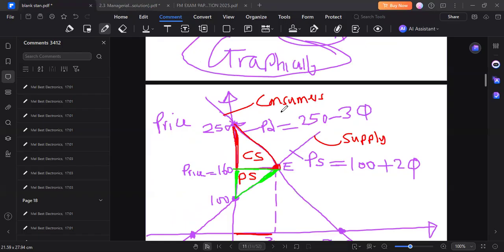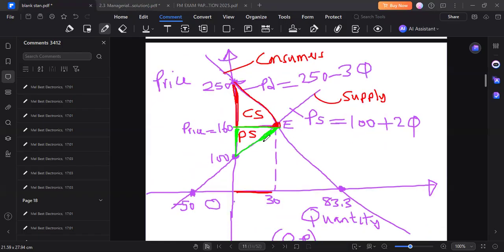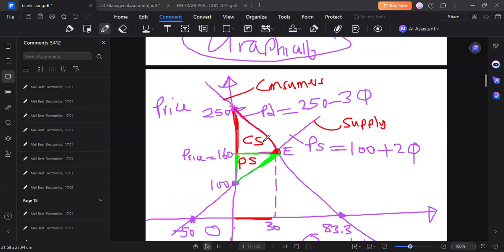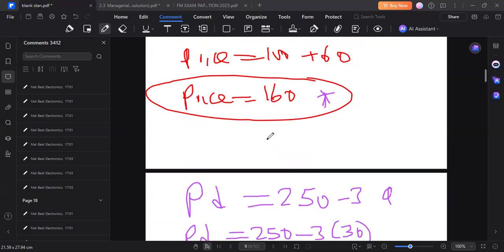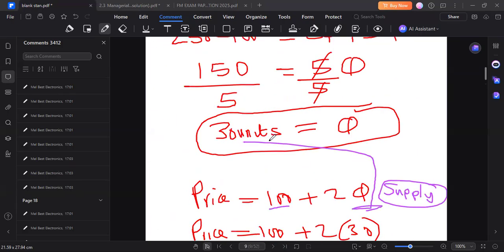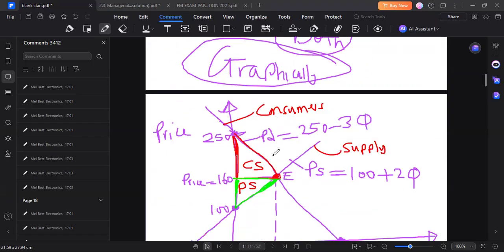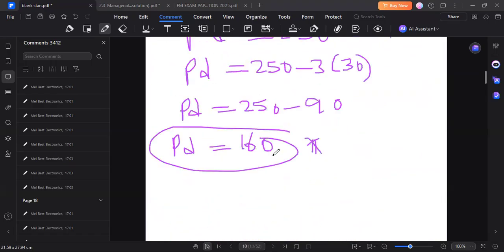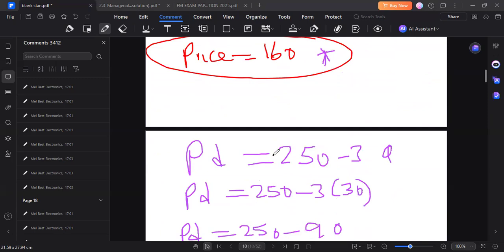I'm sure you are not having any problem using it algebraically, and graphically, and the determinants of demand that we have looked at. So we can end here for now.